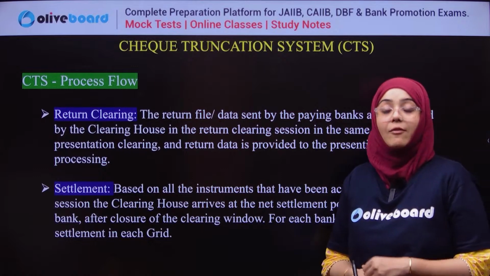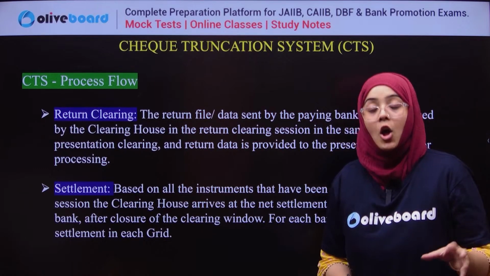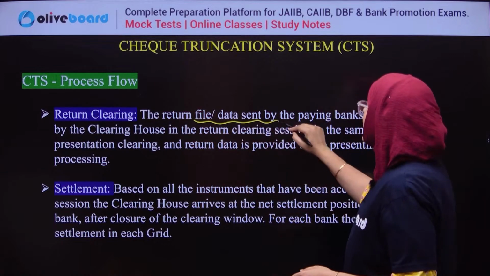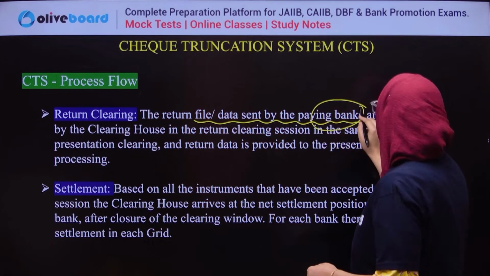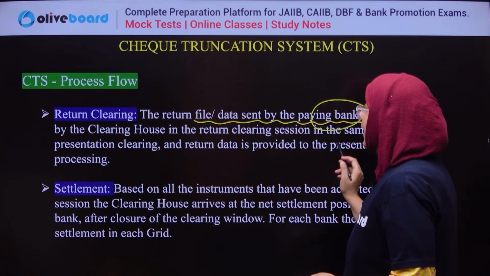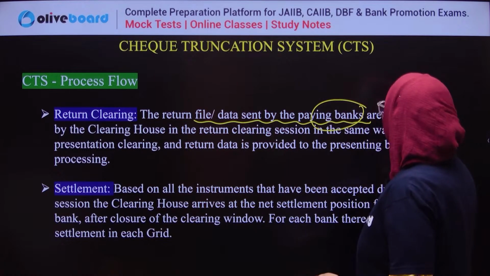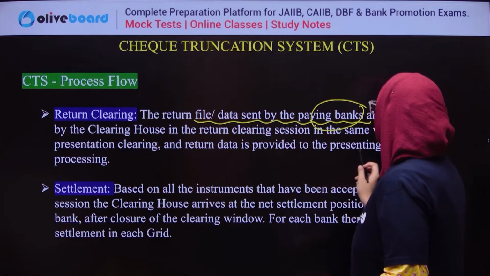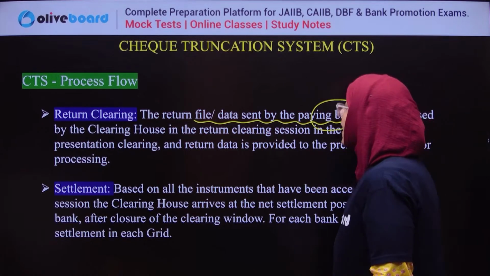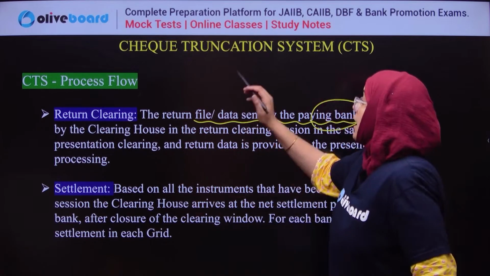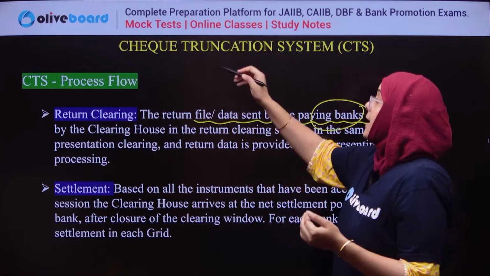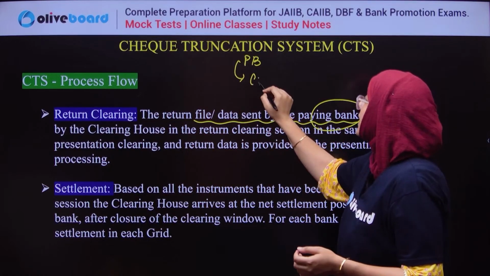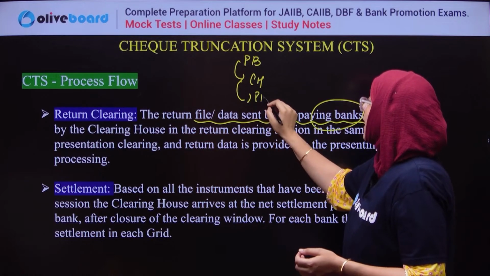Return clearing. Now if there is any fault, or if the paying bank is not satisfied, then the return file is sent back by the paying bank and processed by the clearing house in the return clearing session in the same way as the presentation clearing, and the return data is provided to the presenting bank for processing. Now, first there was a flow like that: a presenting bank, then the image is transferred to the clearing house, and finally to the paying bank.